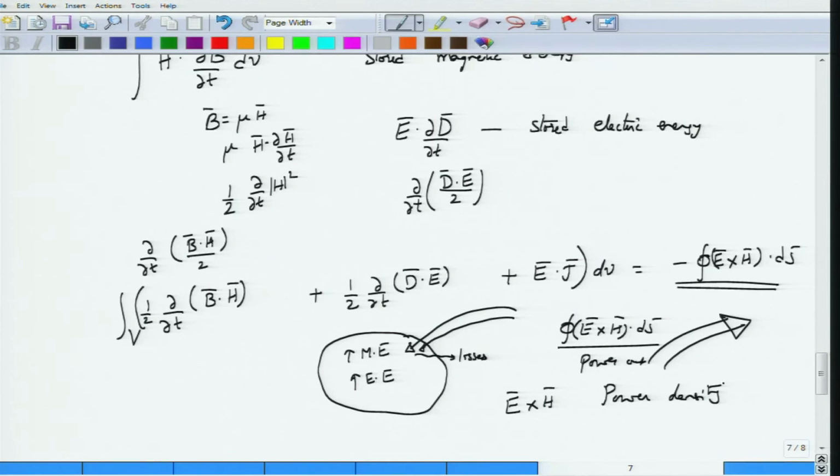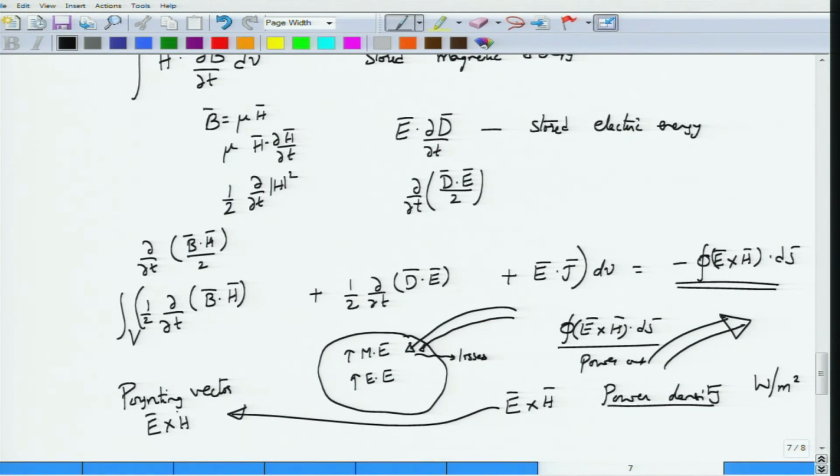This must be measured in watts per meter square in SI units, and this power density is called the Poynting vector, or rather this E cross H is called the Poynting vector, or sometimes known as Poynting vector density or Poynting power density, just to confuse you guys. But the most important point is that this Poynting vector E cross H will tell you the power density which is going out of a particular closed region.